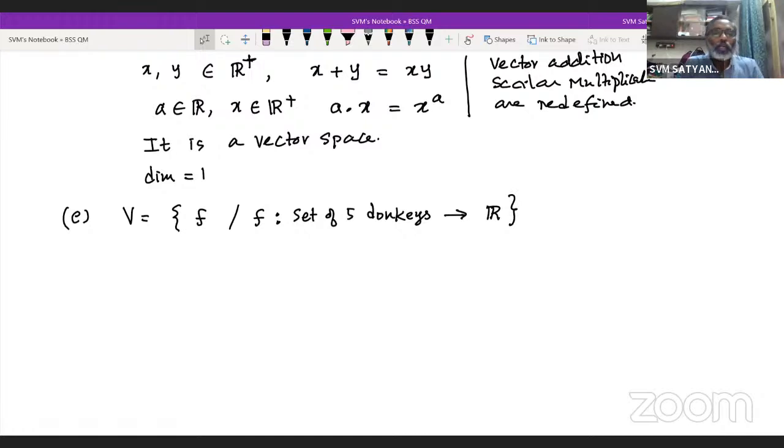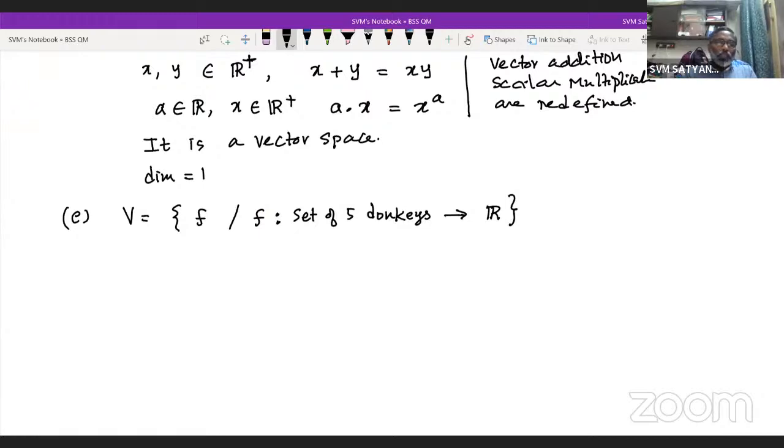And now I am considering all such functions. So how many such functions will be there? There will be infinitely many such functions because you can have anything.